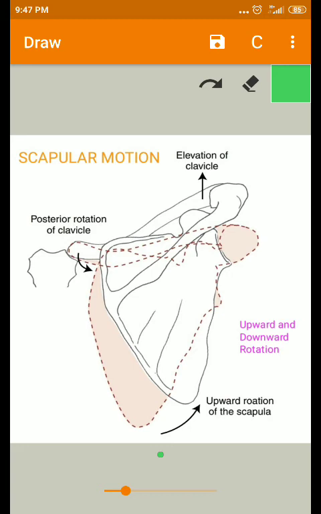Because the axes of the sternoclavicular joint and the scapulothoracic joint are not parallel, the relationship between the sternoclavicular and acromioclavicular joint motions and scapulothoracic joint motions is more challenging to visualize. So we can't see all these movements at a time. It is not possible.